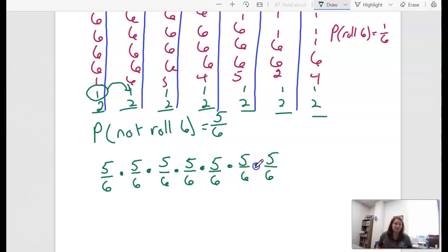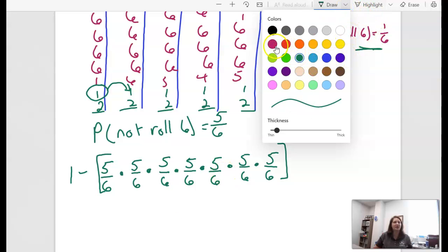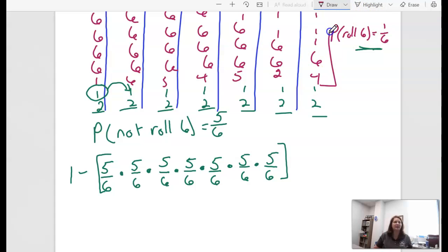Okay, here's the thing. Do I really want these? No. I want a 6 at least once. So I want the opposite of this. So, remember that all probabilities have to add up to 1. So I want a 1 minus this. Because 1 minus this is going to give me all of these up here, which is what I'm wanting.